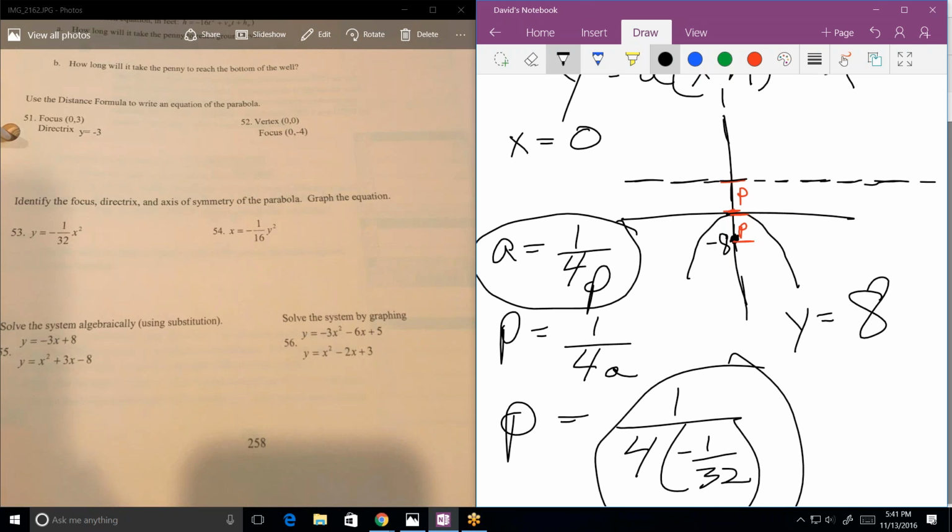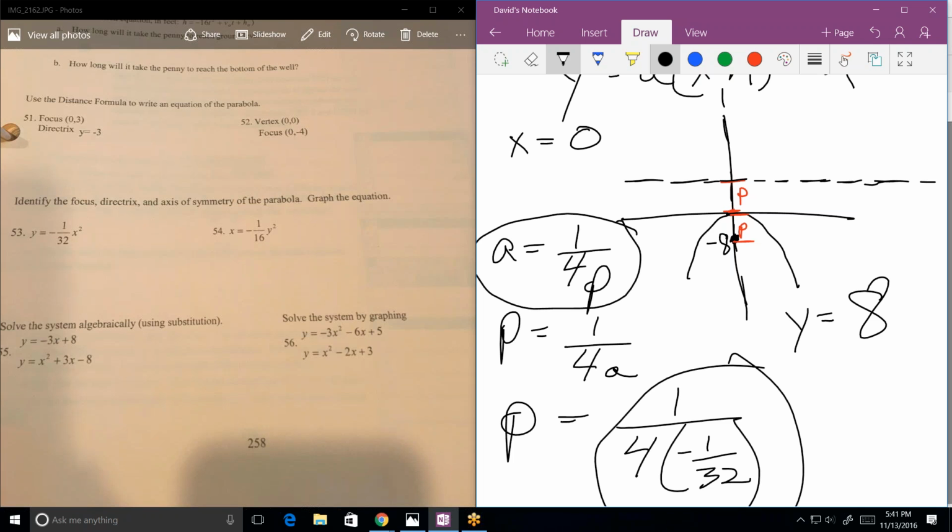Okay, that's the equation of the directrix. It is always an equal distance from the vertex as the focus is. Well, the focus is 8 units down, therefore the directrix is 8 units up. And it's a horizontal line, so we know it's y equals something. It's got to be positive. Anything above the x-axis is a positive y.